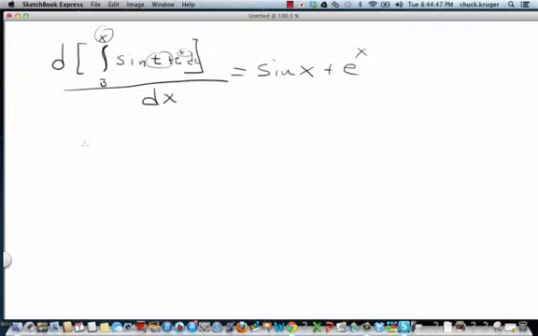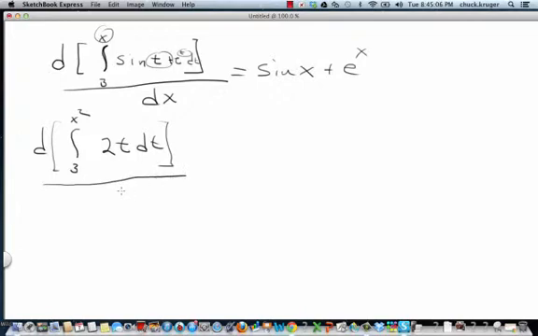Well, what if I have something like this? Again, let's do something easy. Let's take the integral from 3 to x squared of 2t dt, and take the derivative of that, because this is just not plain x. So I'm going to integrate this.